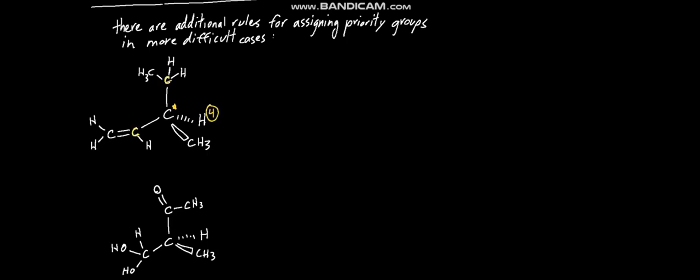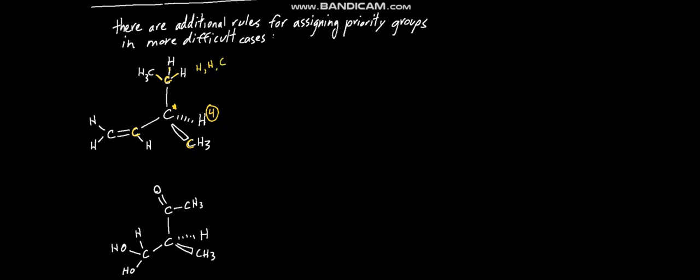Carbon, carbon, carbon. That's a 3-way tie. So what do you have to do? You have to go outward, never backward, out to the next 3 atoms attached. So attached to this carbon is a hydrogen, hydrogen, and another carbon. And we stop there. We don't keep going out.